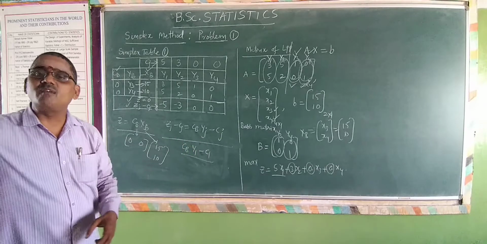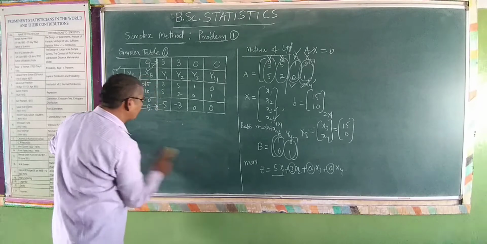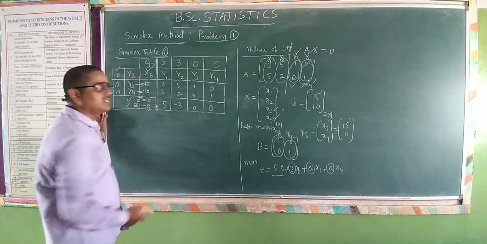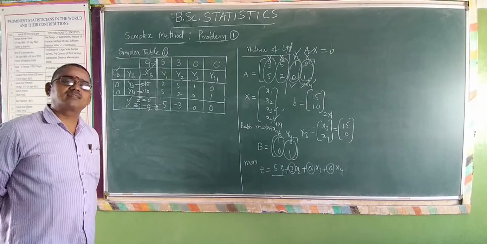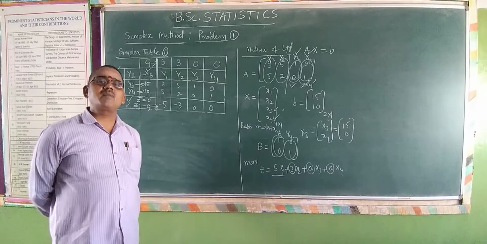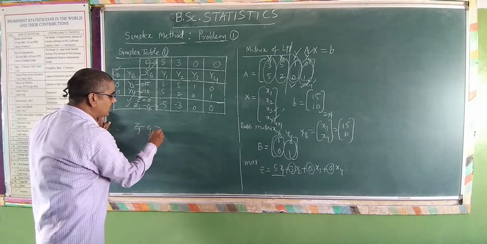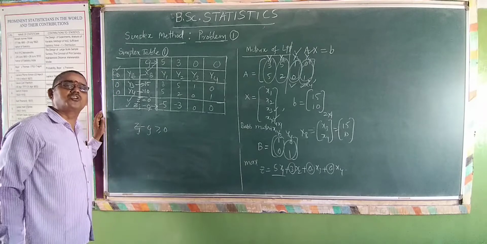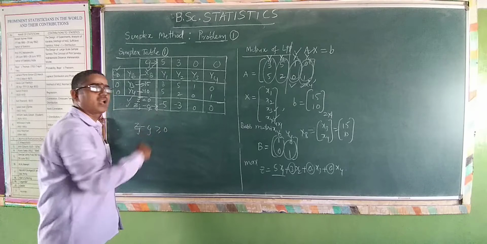I will tell you one more point. After calculating the net evaluations Zj minus Cj, there are two cases. If all Zj minus Cj are greater than or equal to 0, then the solution is the optimum solution. Here it is not, as there are some negative values, minus 5, minus 3.